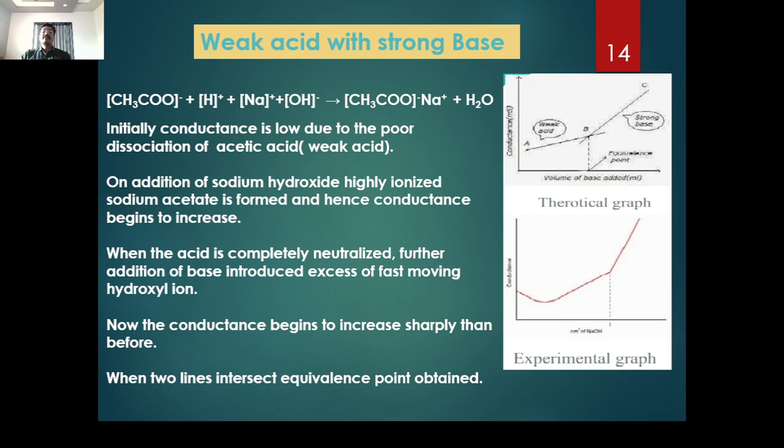The next one is the weak acid and strong base. See here, different types of graphs are obtained when we titrate different types of acids with different types of bases. Why is this variation in the graph? It is due to the speed, the mobility of ions, because the conductance varies with the mobility of ions.